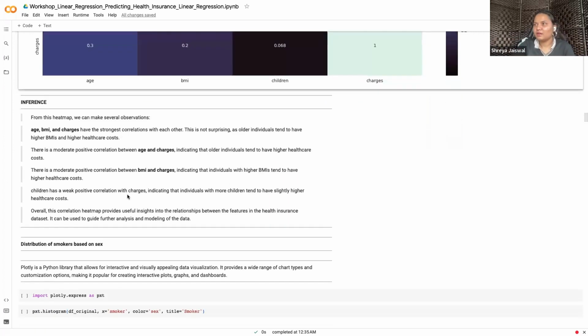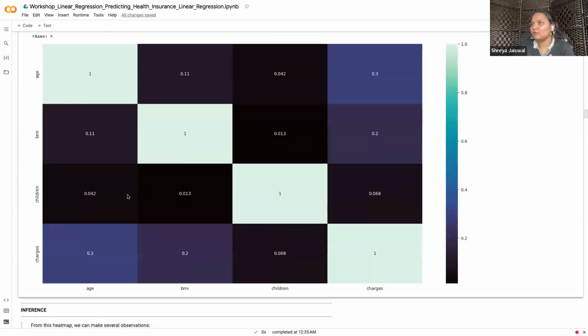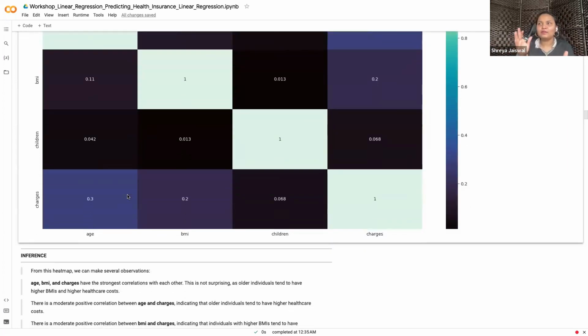So what we can see here is we can relate these numbers to the actual scenario which happens around. We can relate it logically. We can actually see that yes, old people need to take care of their health, and if that's the case, then they would have to pay more for their charges.